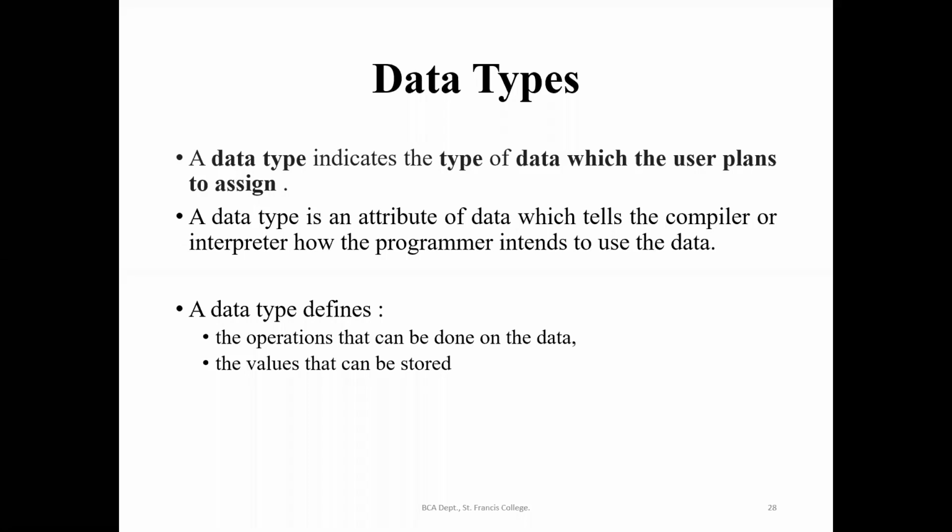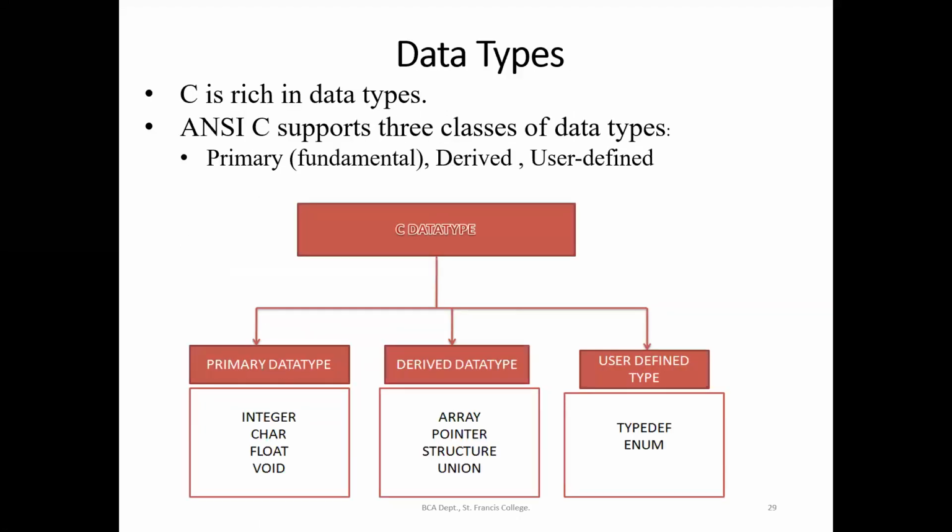What are the operations which I can do with this data when I am declaring it as an integer data type? What are the values I can store in that variable when I am declaring it as an integer data type?